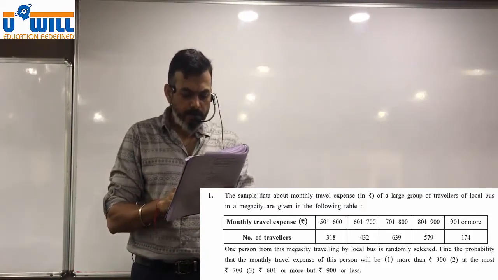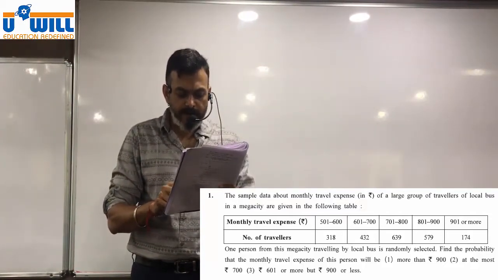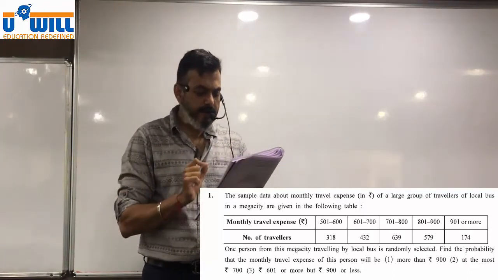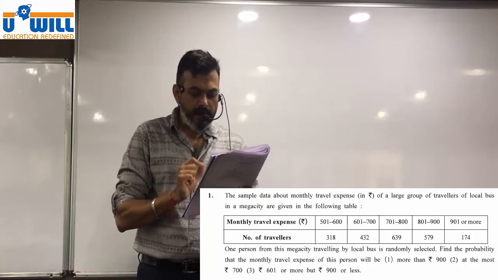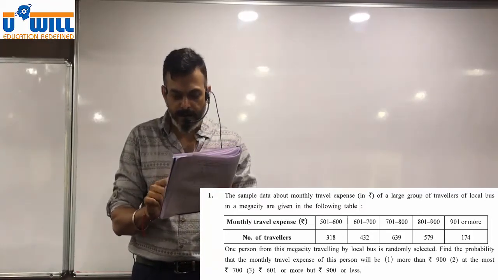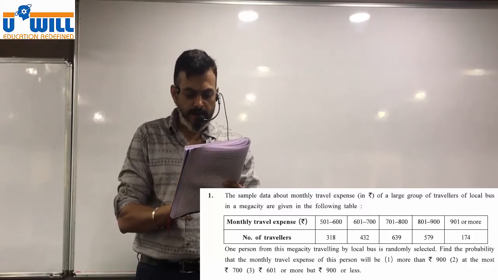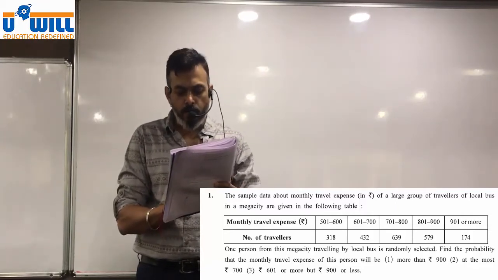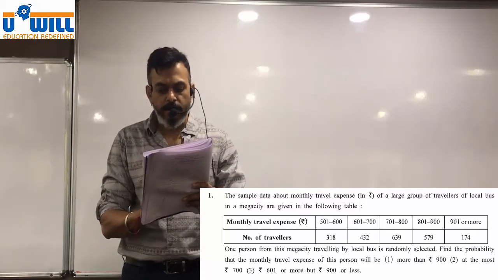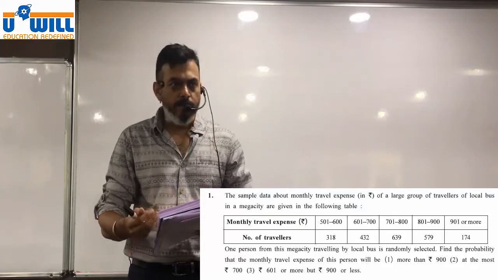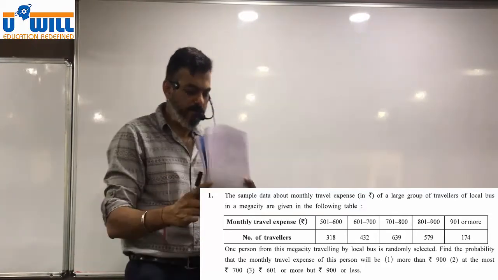Now, one person from this mega city traveling by local bus is randomly selected. Find the probability that the monthly travel expense of this person will be more than 900, at the most 700, 601 or more but 900 or less. So, from this information we want to find various probabilities. Now, very simple sum. First, write the question.